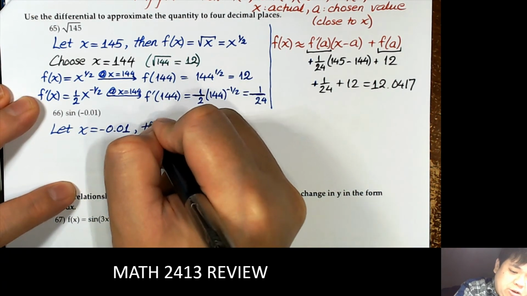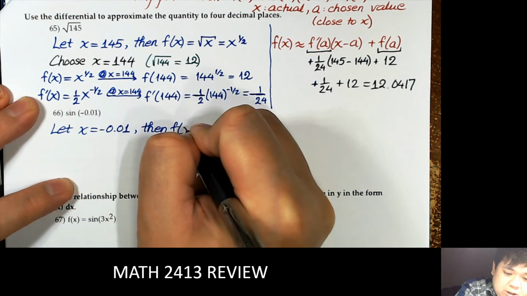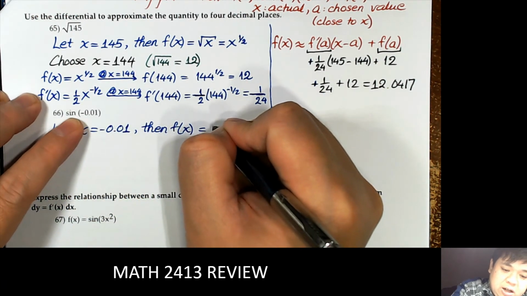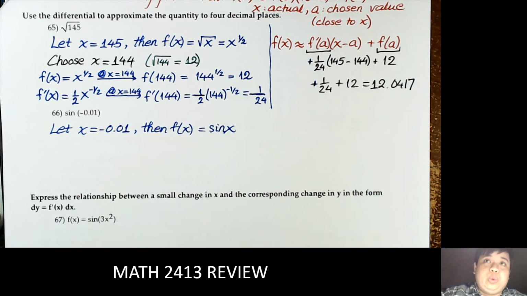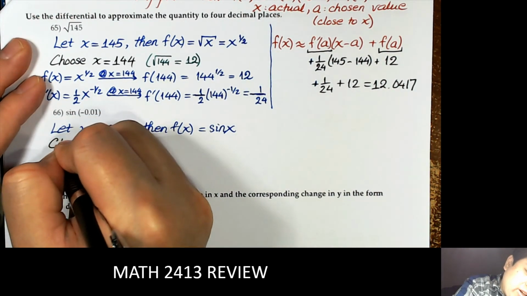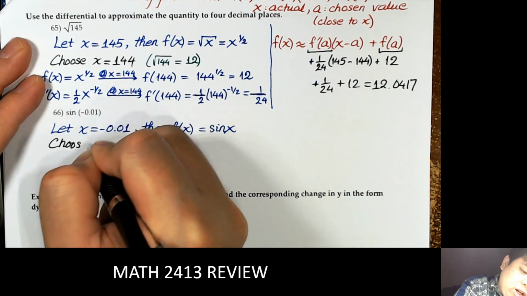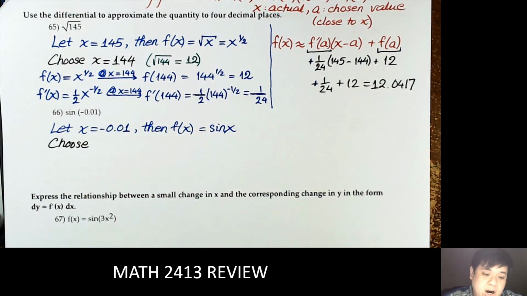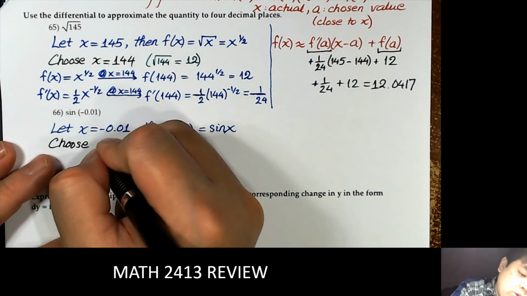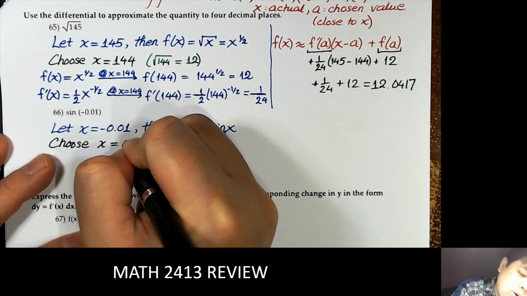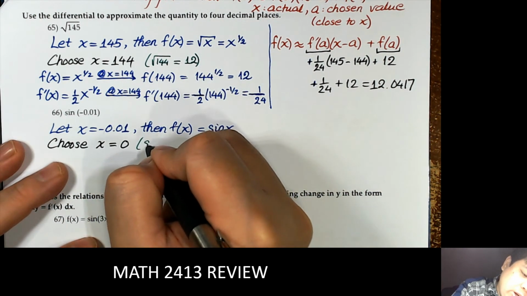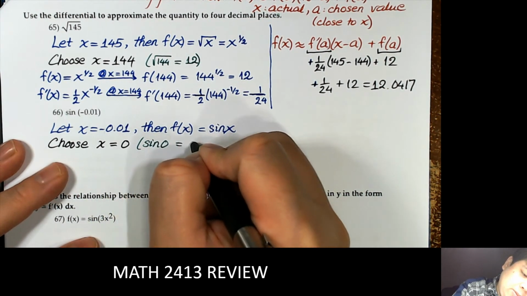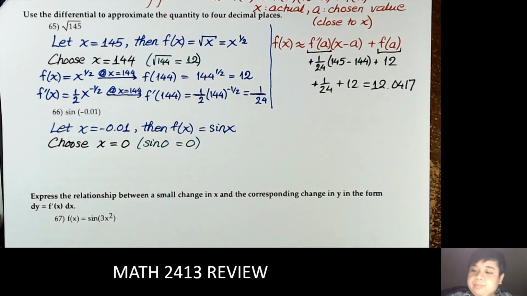So because of that, the function is sine of x. Then we choose something nice and even, but it has to be close to x. Obviously, the one that is nice and even and close to it, I would choose x to be 0, because sine of 0 is 0. That's easy to evaluate. That's the nice value there.